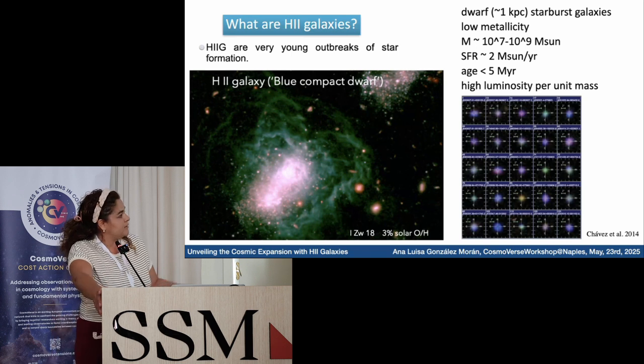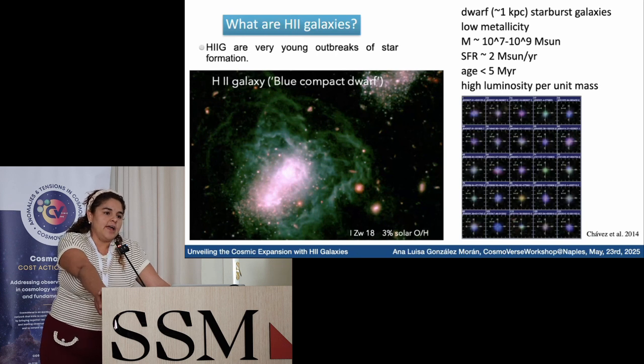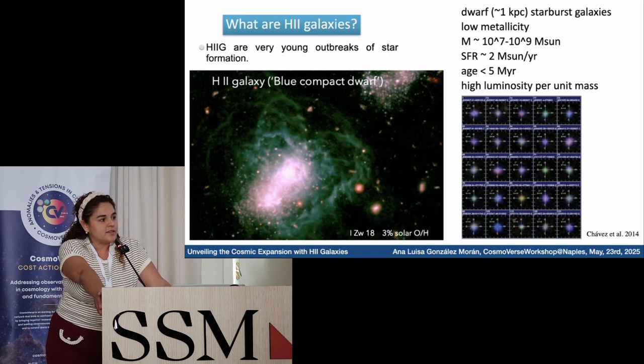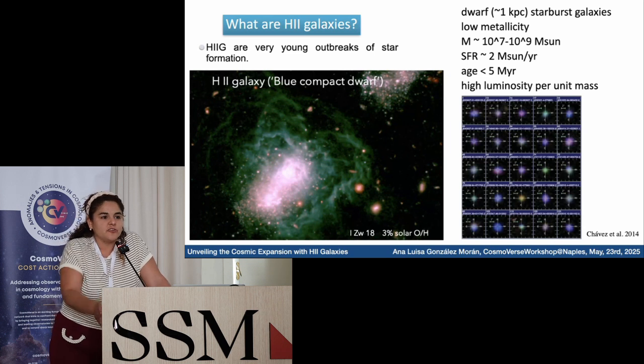In this image, you can see a mosaic of H2 galaxies, and here you can see that we have Green Pea galaxies, for example, and also we have the Blueberry galaxies, but we can see that H2 galaxies have a rainbow of colors, and this is because we are not fixing the redshift.